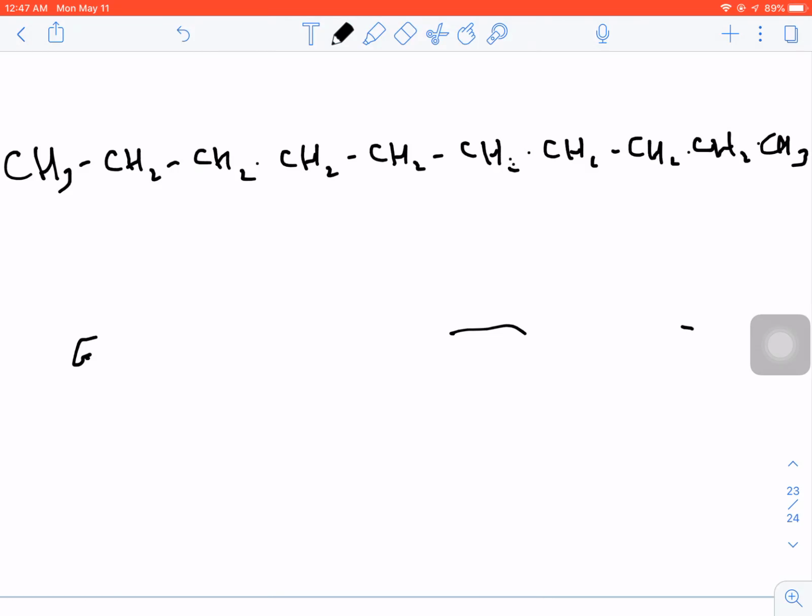There's decane. Again, remember, all the carbons along the chain have got 2 hydrogens, right? 2 hydrogens, 2 hydrogens, 2 hydrogens. That's supposed to be a 2.